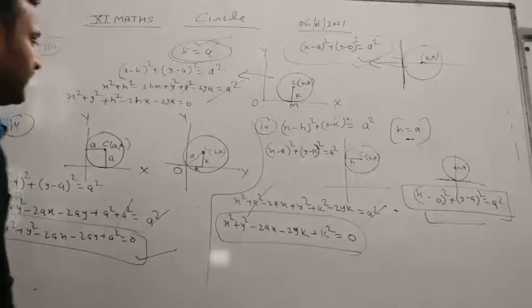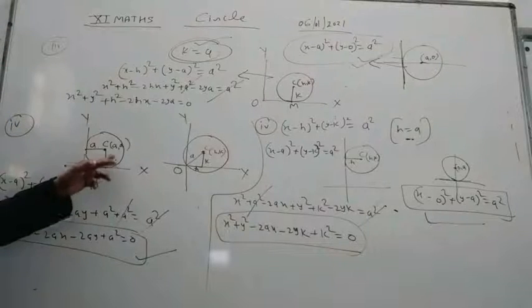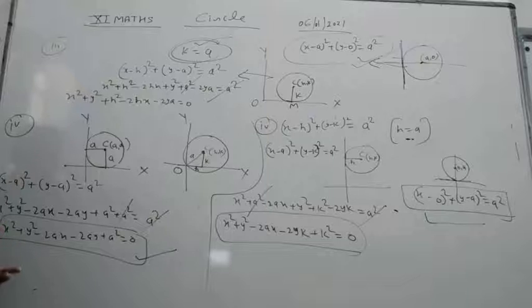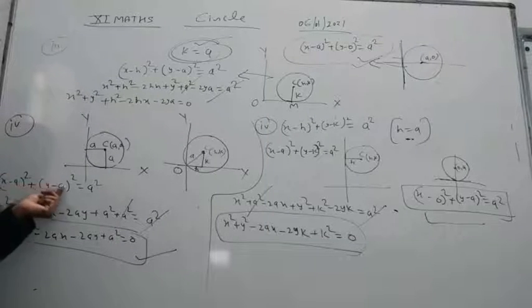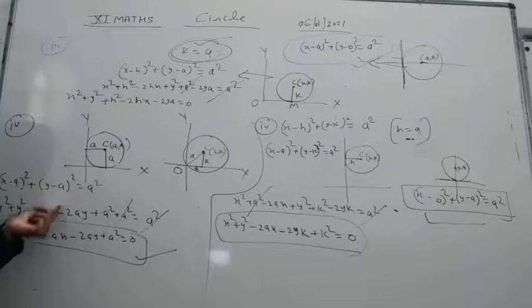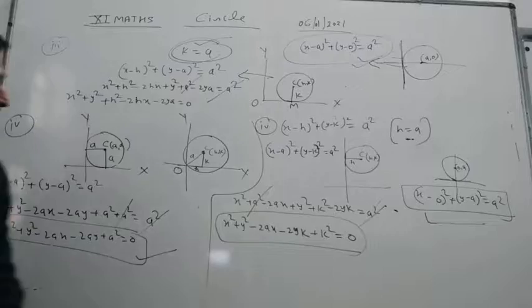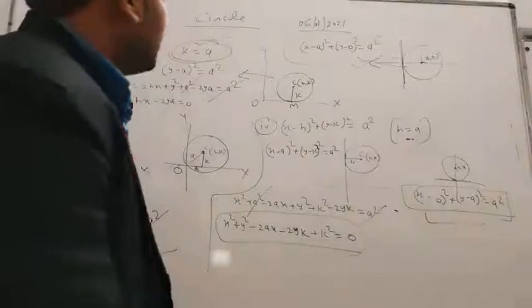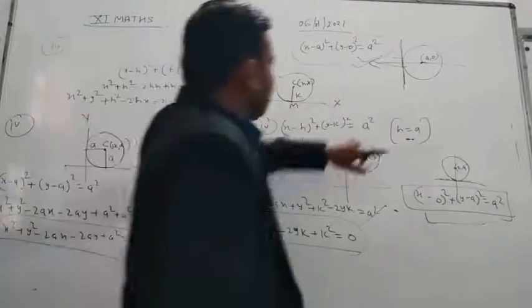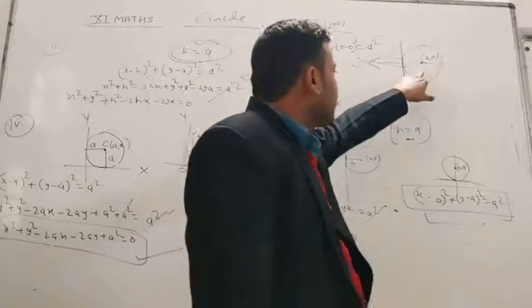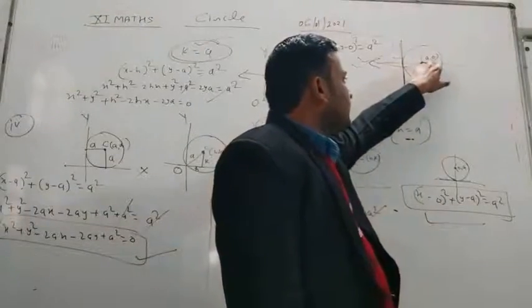Now next case is when the circle touches both axes, x axis and y axis. So in this case student our equation of circle will be (x minus a) square plus (y minus a) square is equal to a square. After solving we get the required result. Now in the next case, when the circle passes through the origin and its center lies on x axis, then our center is (a, 0).